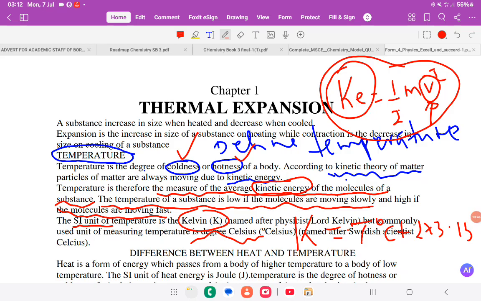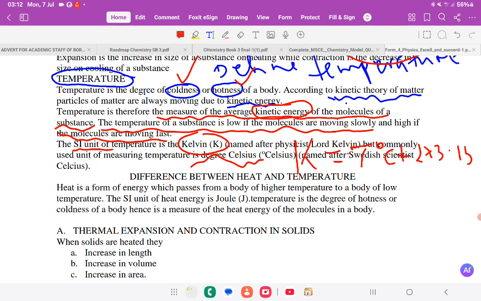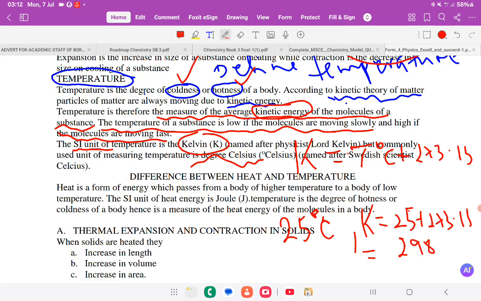For example, if the temperature of a body is 25 degrees Celsius, in kelvins it is going to be 25 plus 273.15, which gives you 298.15 kelvins.